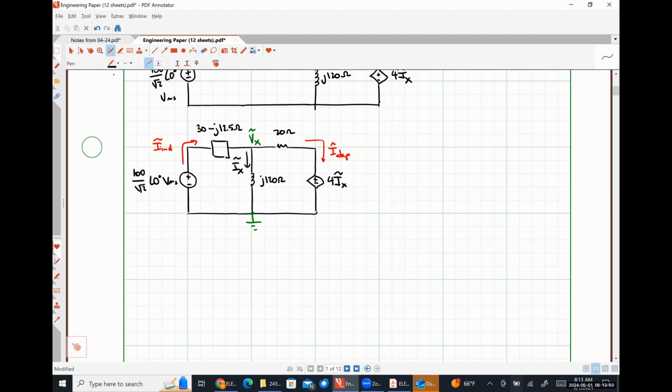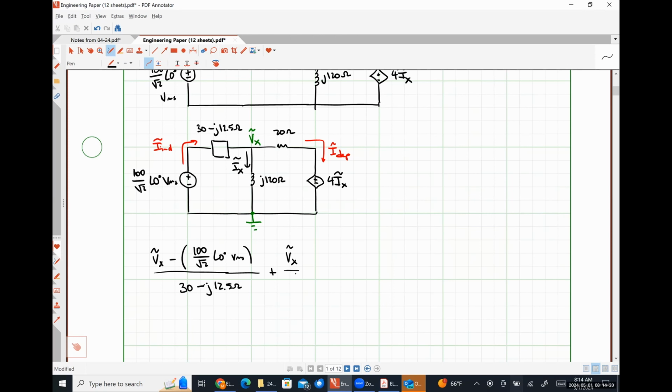So I would have Vx minus 100 over root 2 angle 0 degrees volts RMS divided by 30 minus j12.5 ohms plus Vx over j120 ohms plus Vx minus 4 Ix divided by, excuse me, that shouldn't be a j there, just 20 ohms. Okay. Is equal to 0.